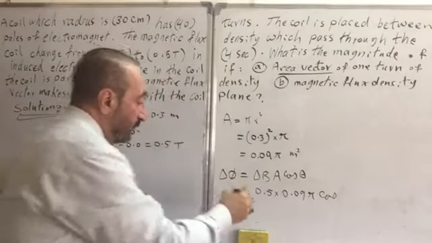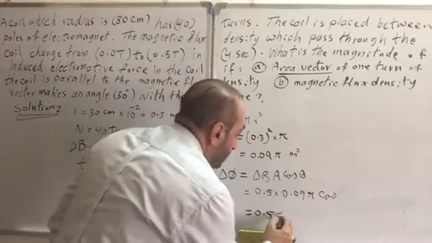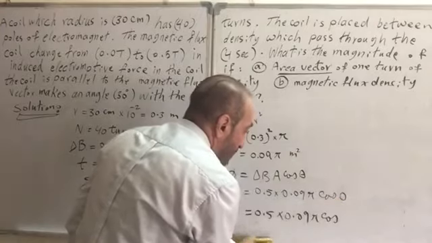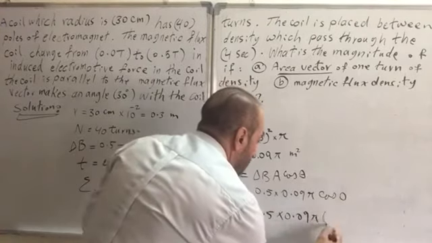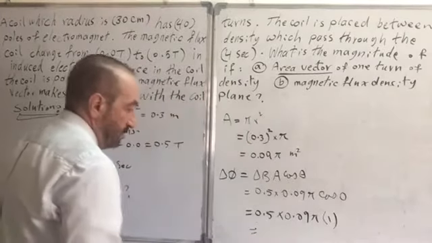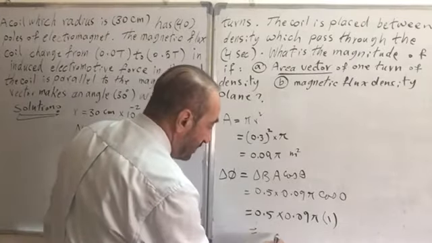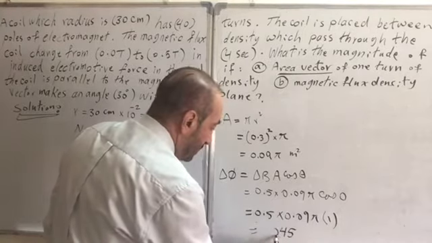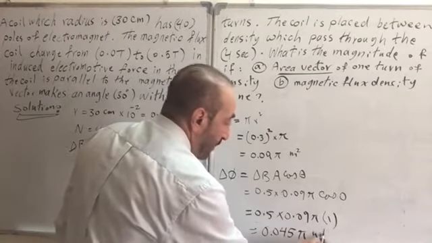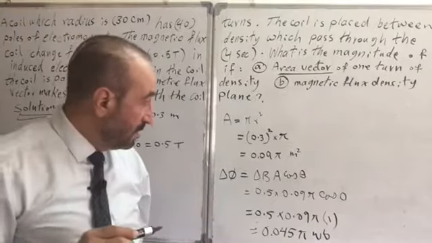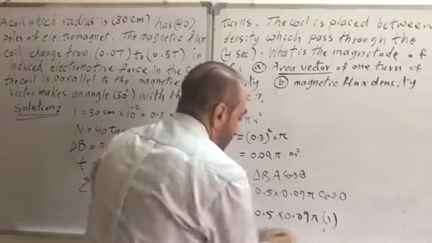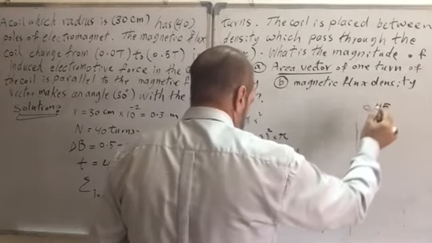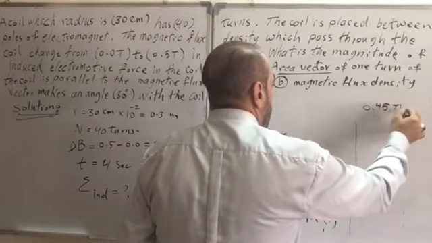Therefore, delta phi equals 0.5 times 0.09 pi times cosine 0, which is 1. The result is 0.045 pi Weber.